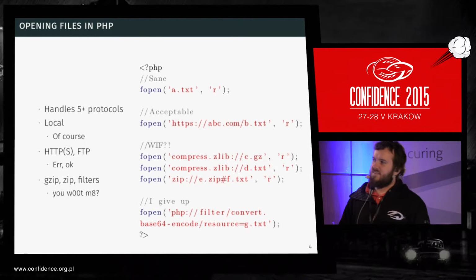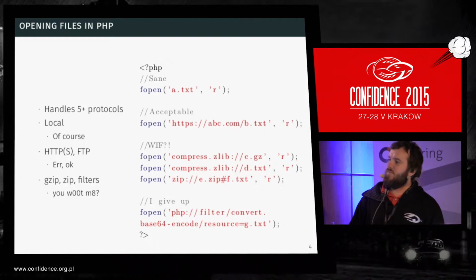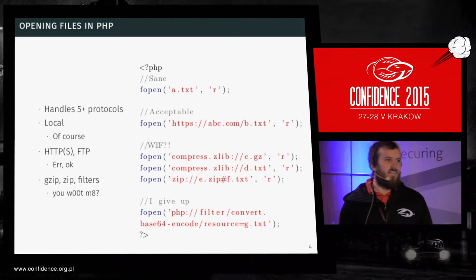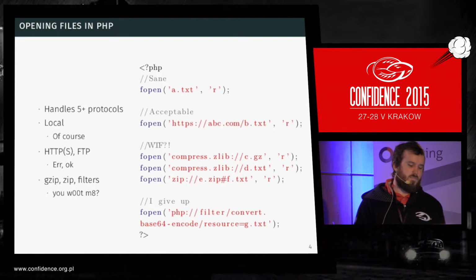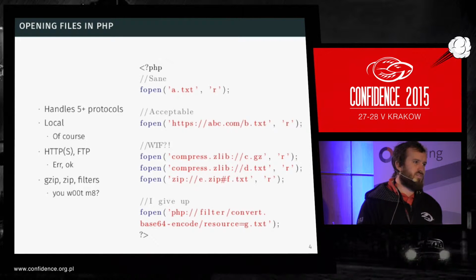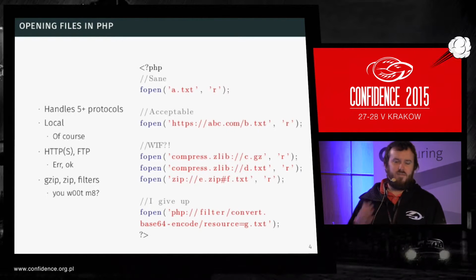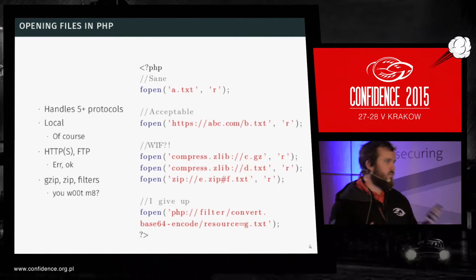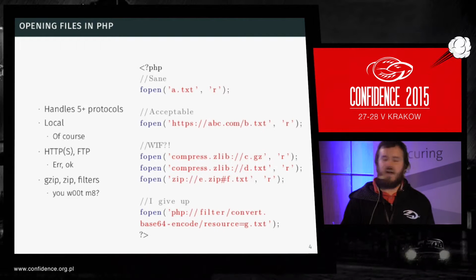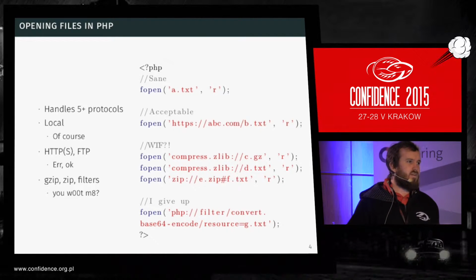You can also do things like opening a zlib compressed file and just treat it as if it were a regular file. And this is where I think it starts to get a little too advanced for just opening files. Also, if you try to open a zlib compressed file which is not actually zlib compressed, I think the reasonable thing would be to throw an error, say that this is not zlib compressed, but PHP says, okay, sure, I'll just read it as a regular file then.